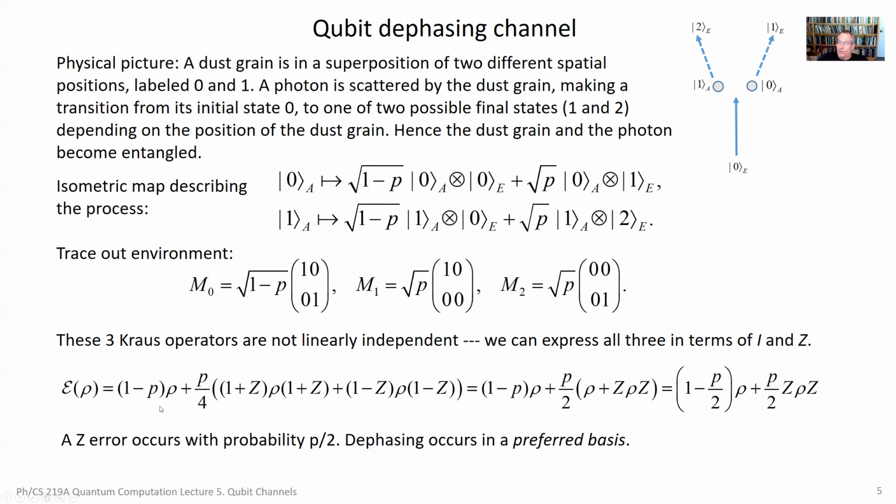So again, with probability 1 minus P, nothing happened. But then with probability P, I have a 1/4 here because remember when I took 1 plus Z, that was actually twice this matrix. So I divided by 2 and then I wound up squaring that because I have an M1 on the right and the left.